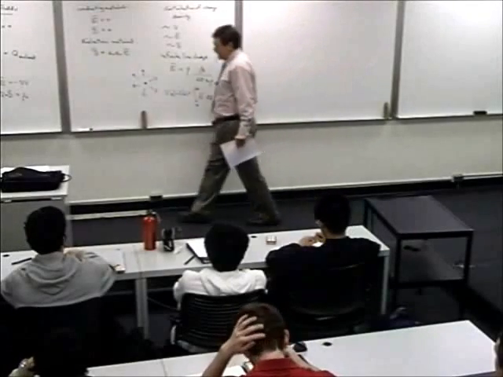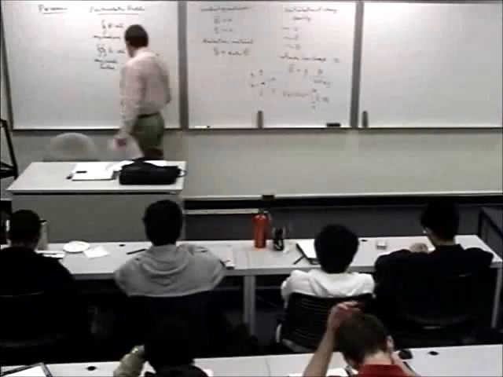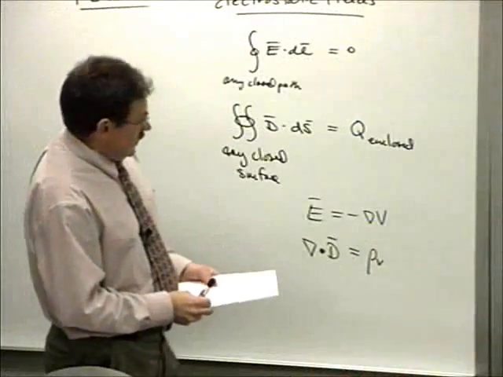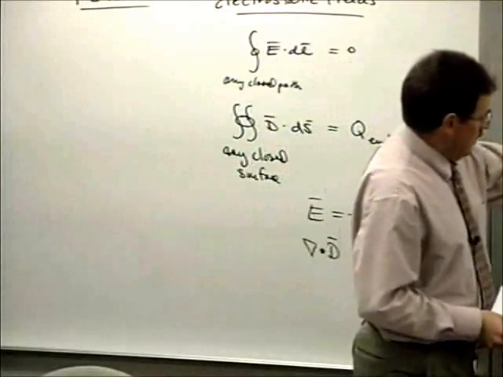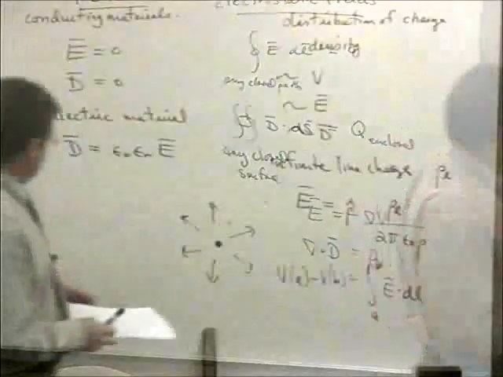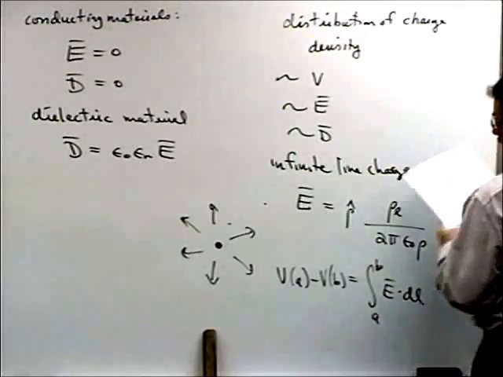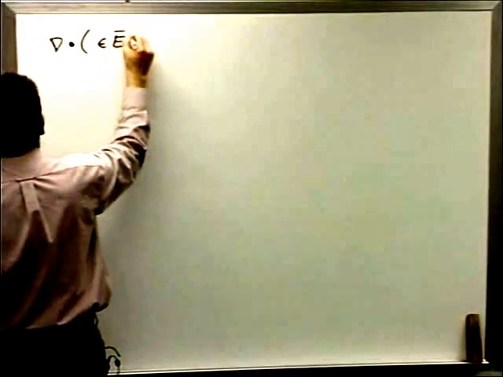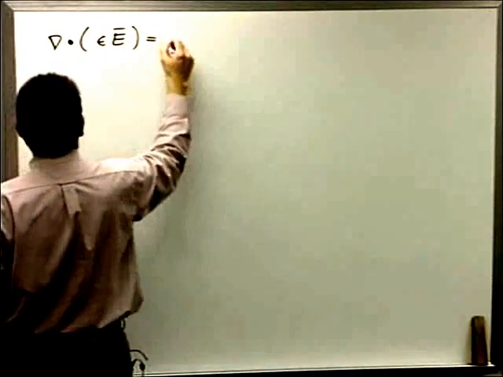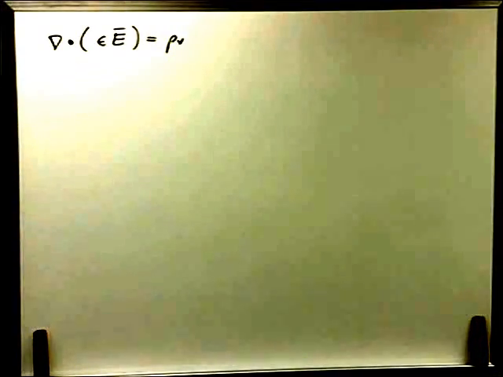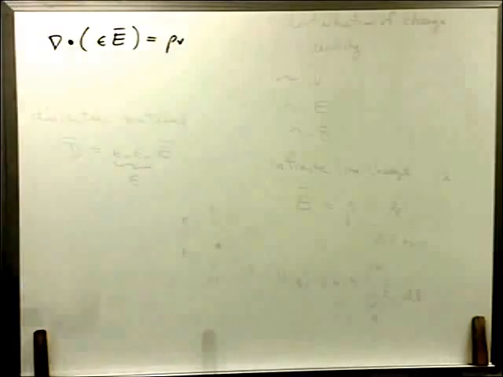So for instance, we can take the differential form of Gauss's law, which is this last equation. We can substitute in the constraint about dielectric material, so that we could write this as a divergence of, instead of D, epsilon E is equal to rho V. Epsilon being epsilon 0, epsilon r, both together here.